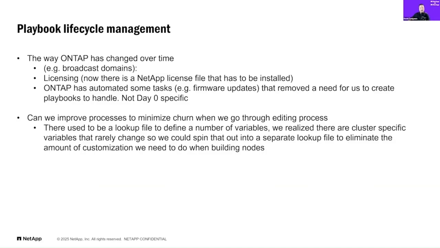It used to assign all of the network ports to a single default broadcast domain. Now it uses multiple default broadcast domains. And then ONTAP also is providing some additional features as the product continues to mature. So now background firmware updates can be configured within ONTAP. So that's something we don't have to necessarily take care of as part of our automation.